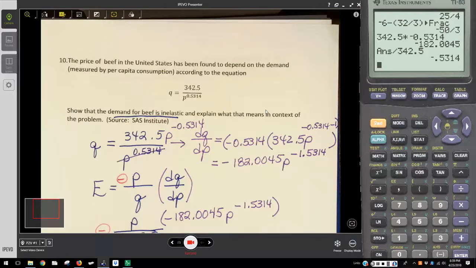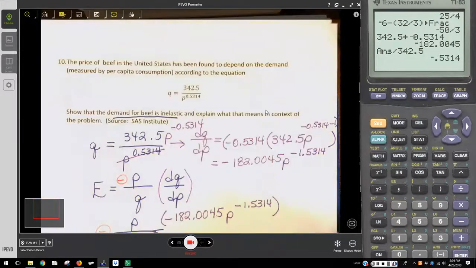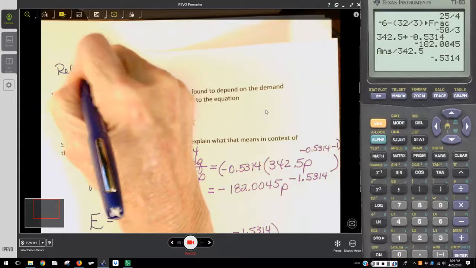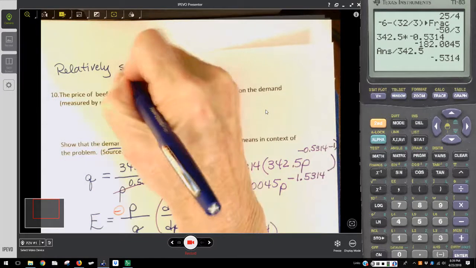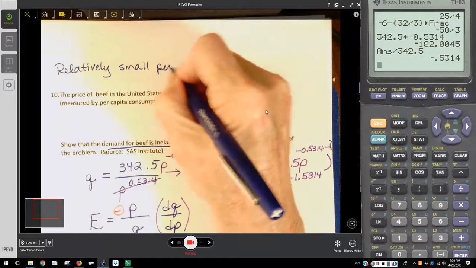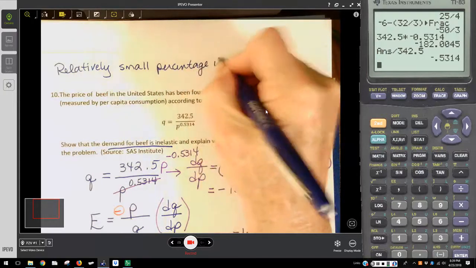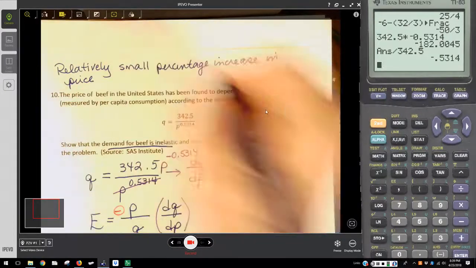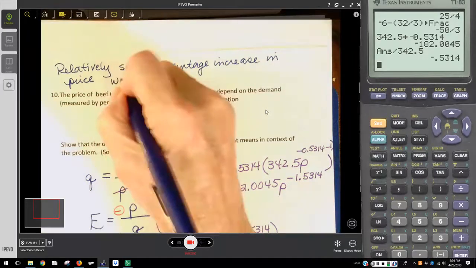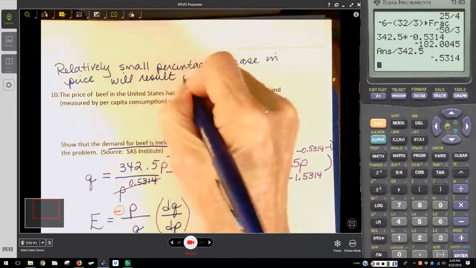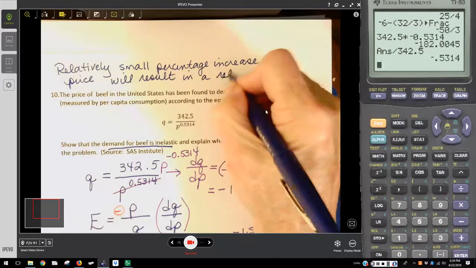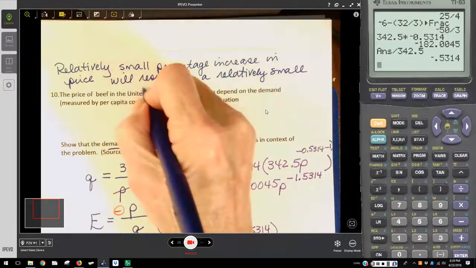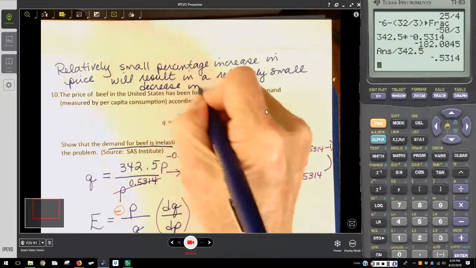When demand is inelastic, what that means is a relatively small percentage increase in price will result in a relatively small decrease in demand.